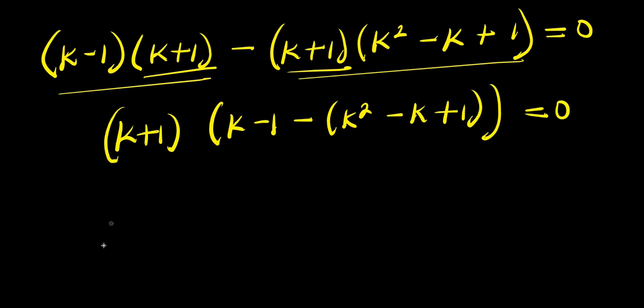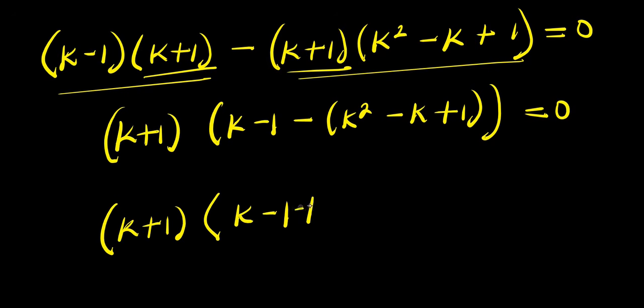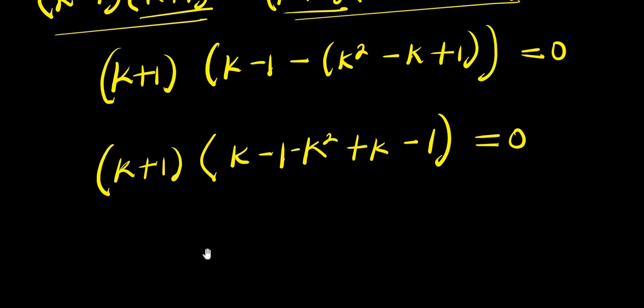So from here, I'll have k plus 1 times, this is k minus 1. This minus multiplies everything here. This is minus k squared. This is plus k. This is minus times 1. This is minus 1. And this equals 0. So right now, I would simplify this.